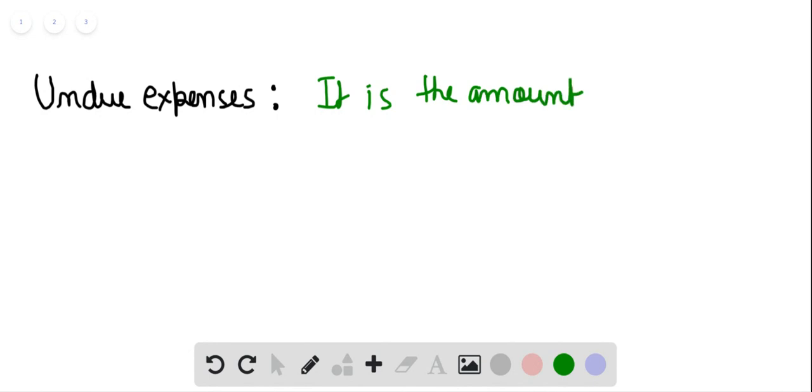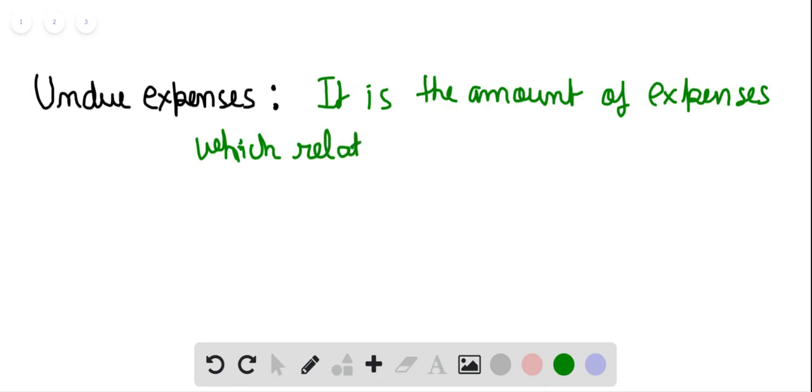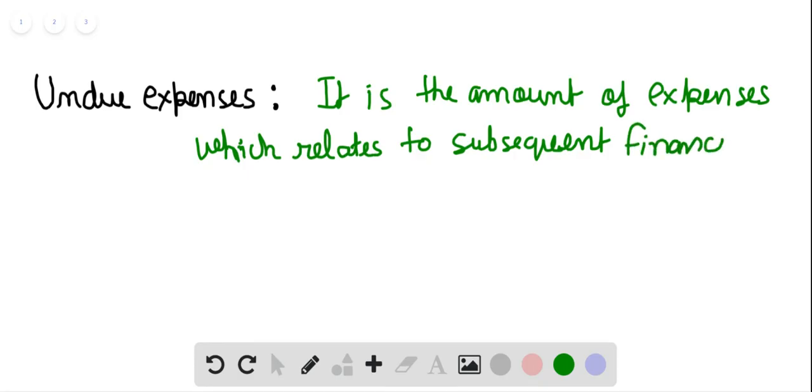It is the amount of expenses which relates to subsequent financial year.